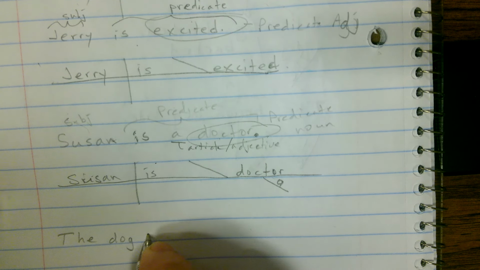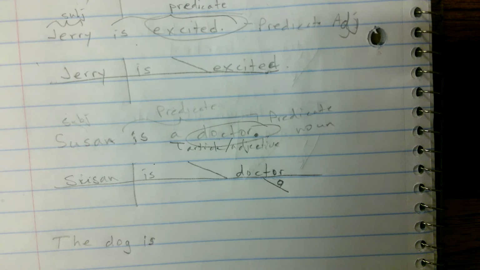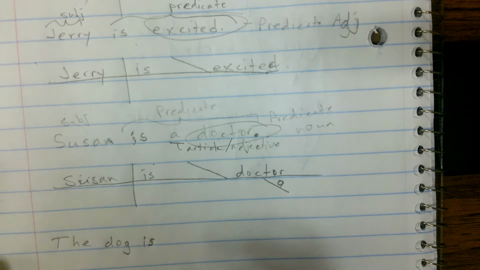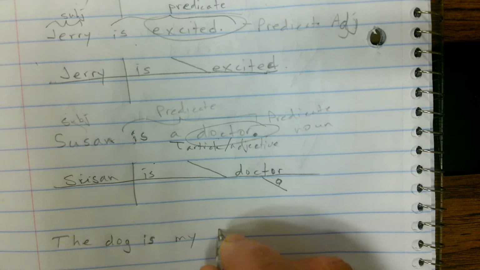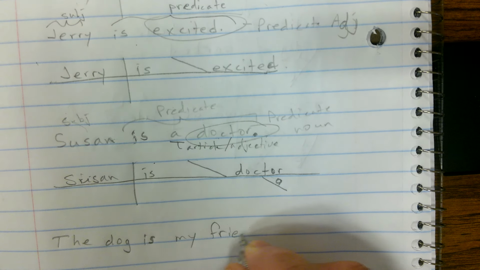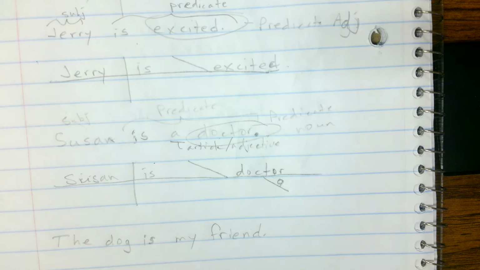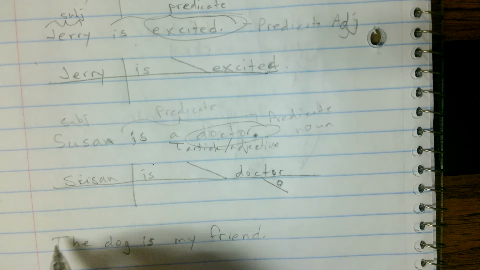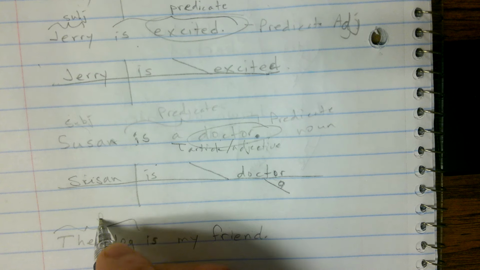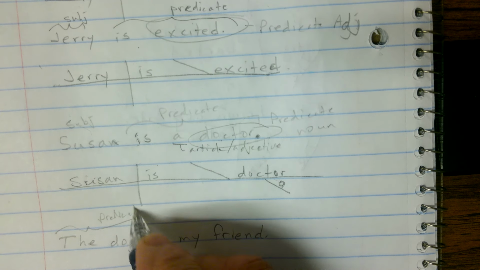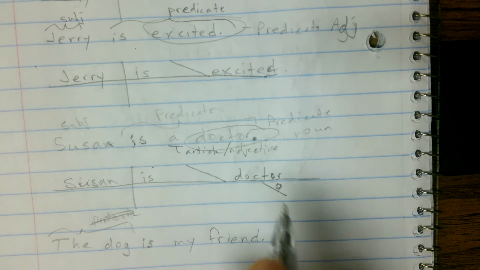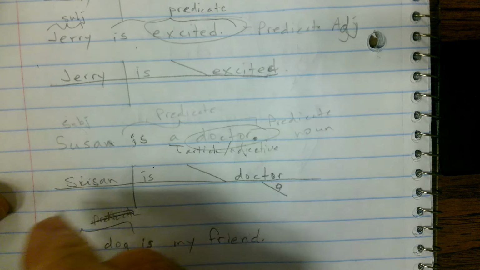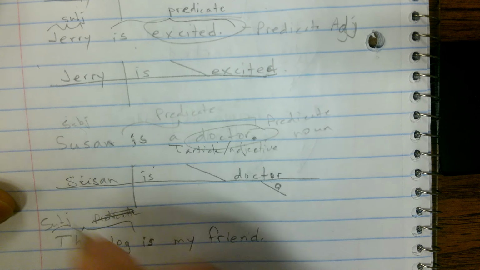The dog is my friend. So the dog, there's our predicate again. I'm sorry. Boy, I messed that up, didn't I? There's our subject.